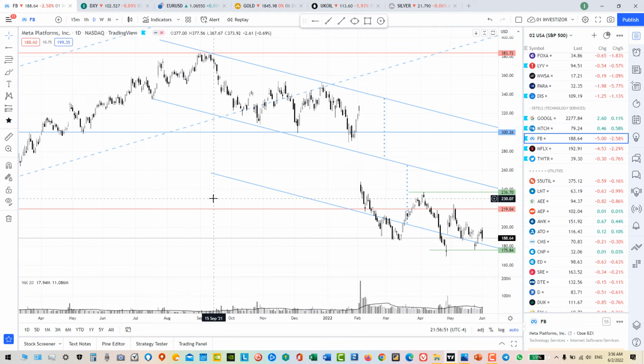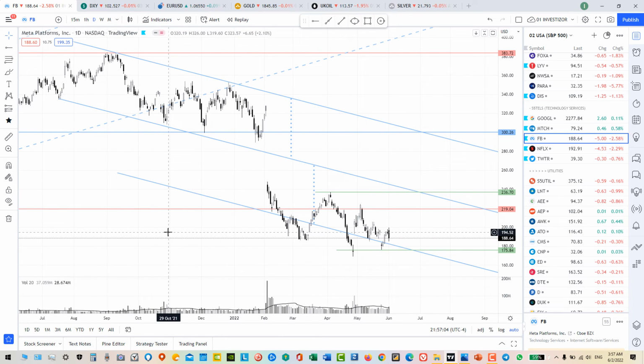Of course, if selling pressure resumed and if the markets started to fall once again, the stock may break below 175, and if it did so, this means that we will be pushed to draw a third weekly channel line. This is channel line 1 and this is channel line 2.